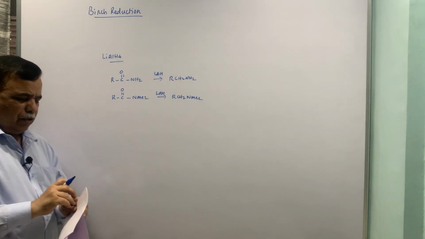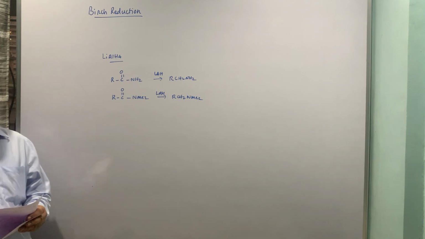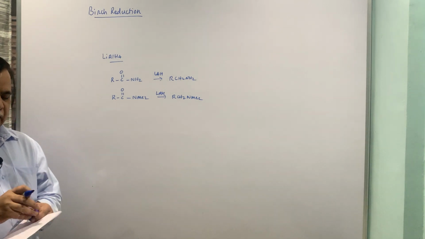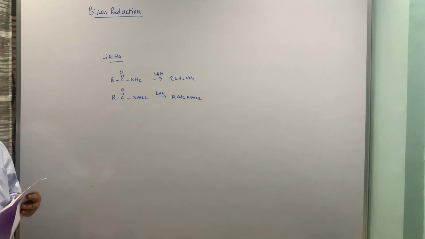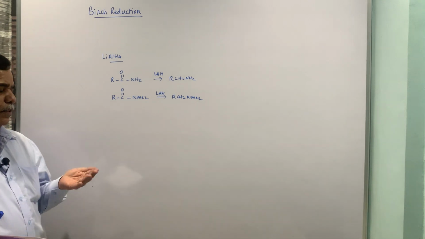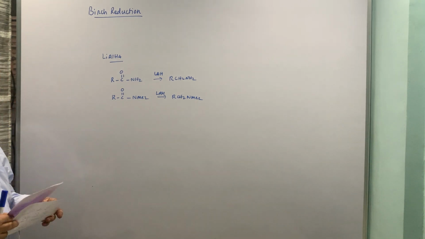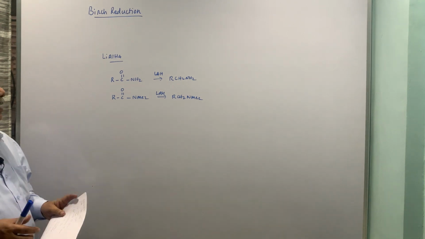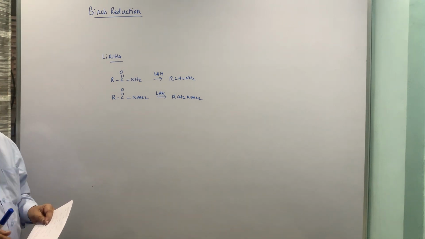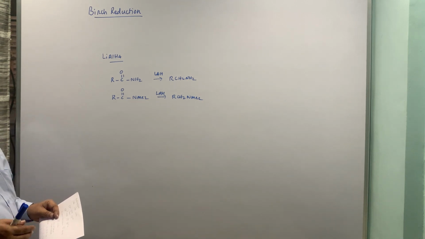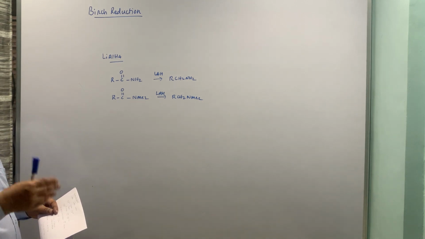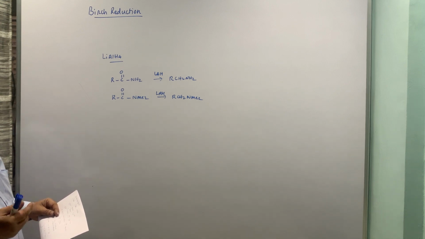LAH has to be used in absence of water because it violently reacts with water to release hydrogen, and that hydrogen is inflammable, so it catches fire. So that is the potential hazard with this reagent. Otherwise, if it is used in presence of dry solvents, it is highly reactive.